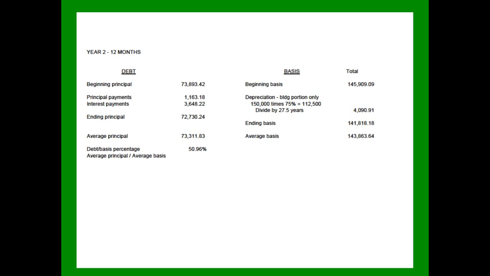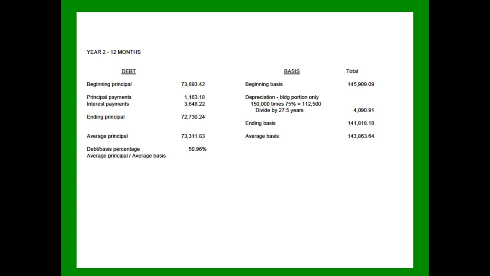Now, we're going to go through these fairly quickly because, again, this is pretty much the same thing we just did, except I've just taken it to year 2. All right, so we're going to start with the principal balance on the loan. Again, we'll record our interest and principal payments. We have our ending principal per the loan, and we get our average amount. Same thing with the depreciation, right?